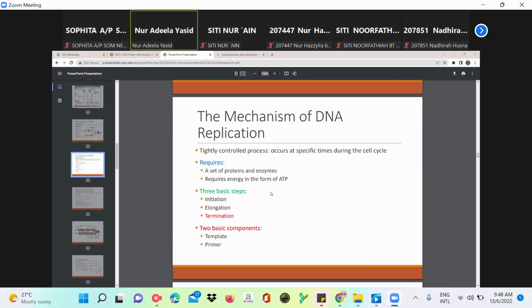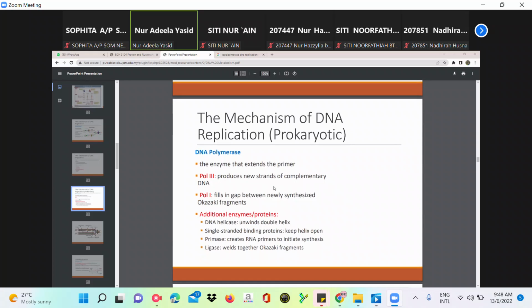It also needs a template, that DNA sequence, it needs a primer, it needs enzymes to aid the replication process through PCR.